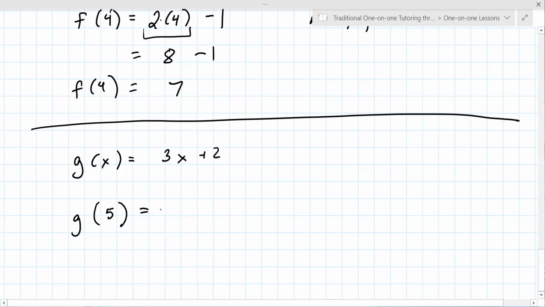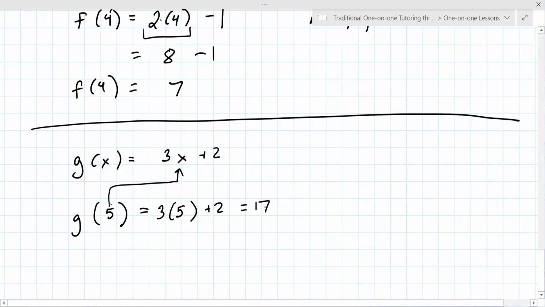Yeah, I think it is... So remember, you're taking this 5 and you're putting it in for x. So it's 3 times 5 plus 2. 17. Yes, it is 17. Very good.